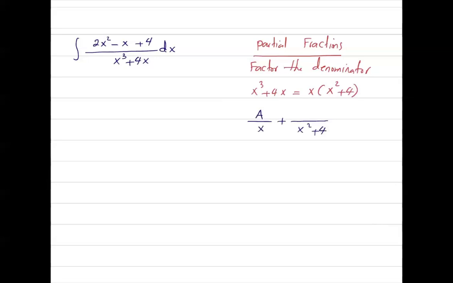In the numerator, you end up with a linear expression like Bx plus C. Then your job is to figure out what A, B, and C are, and then take the integral.